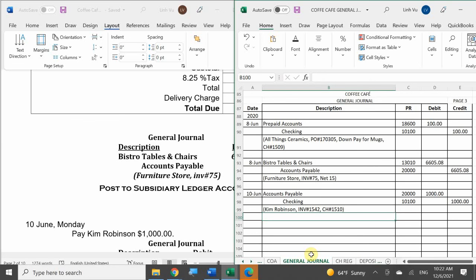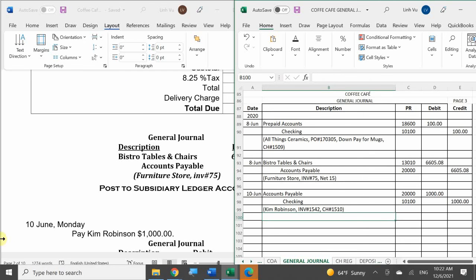Now this one makes a clear transaction saying, I'm paying Kim Robinson because I owe her and I paid her using check number 1510. That's all you need to know, and I'm paying the invoice that she billed me for, which is 1542. Okay.